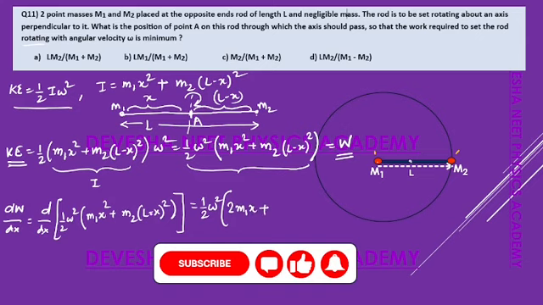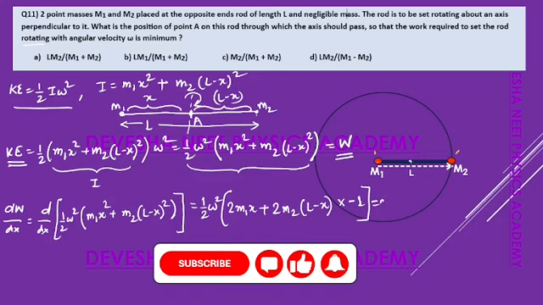For this part, the 2 will come down as a coefficient, 2 m2, and (L minus x), the power reduces to 1, and because the coefficient of x is minus 1, when you differentiate this, it will be multiplied by minus 1. So this is dW by dx.